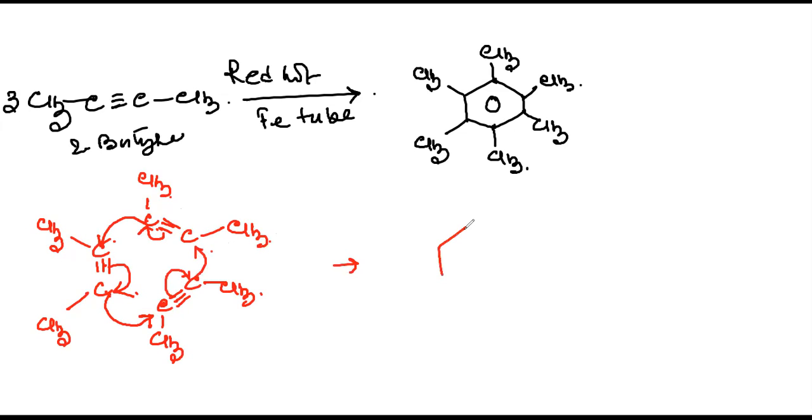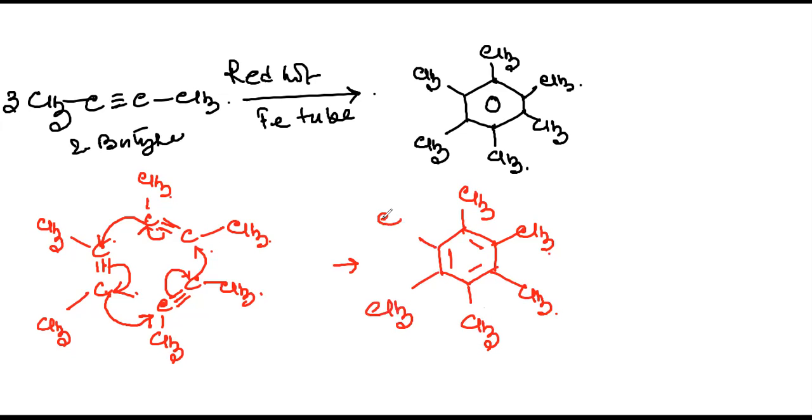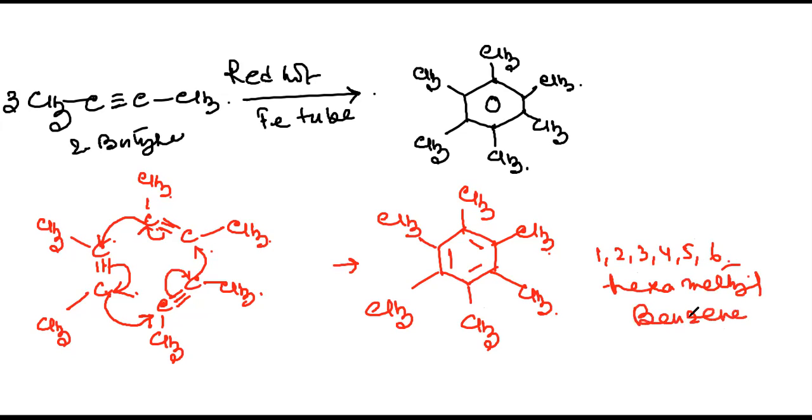So the structure is like this: CH3, CH3, CH3, CH3, CH3, CH3, 1, 2, 3, 4, 5, 6, hexamethylbenzene. So this is the polymerization reaction.